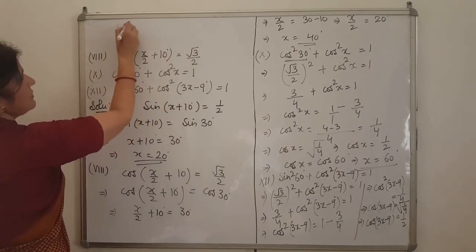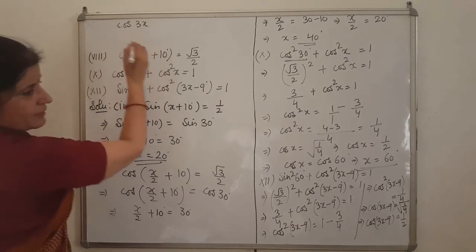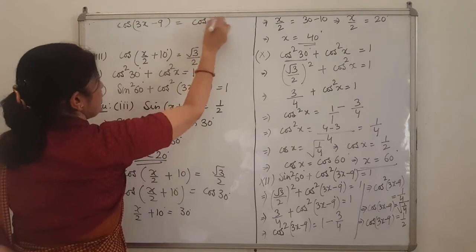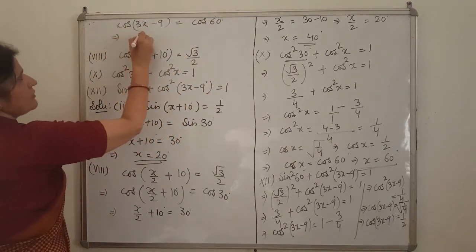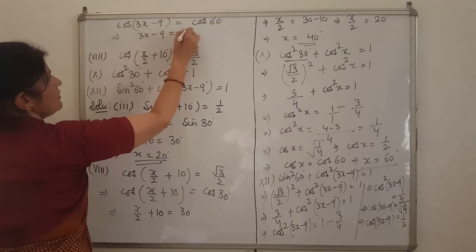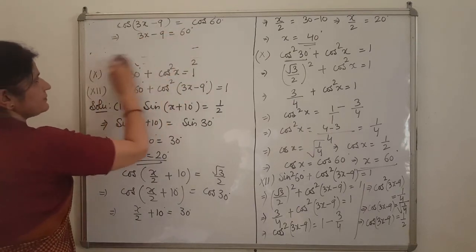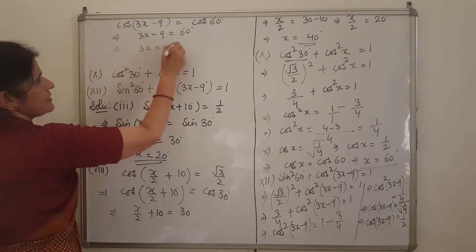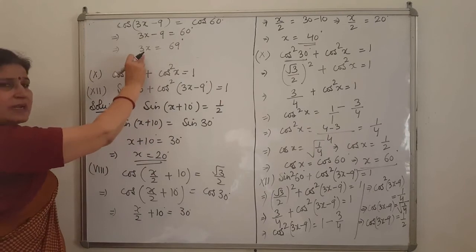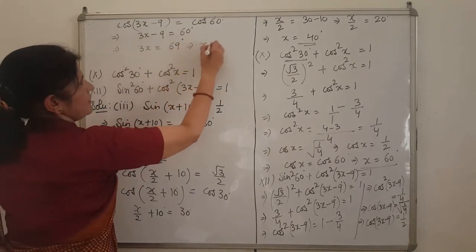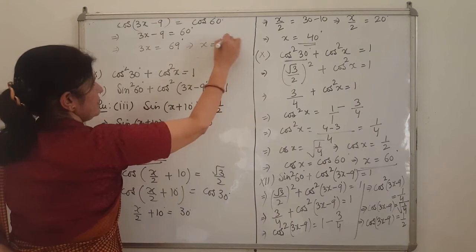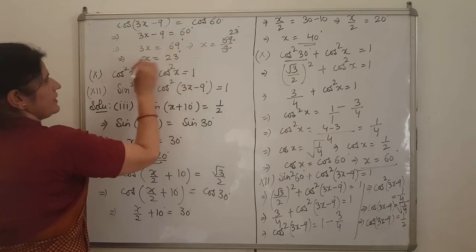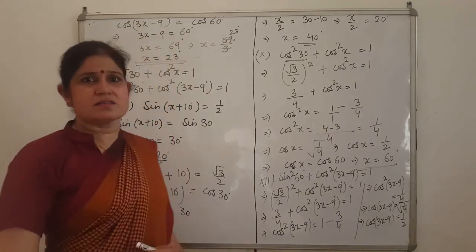So cos(3x minus 9) equals cos 60. When you compare it, what will come? 3x minus 9 is equal to 60 and 3x is equal to 69, and 69 when we divide by 3, 69 over 3. So what is value of x? 23 degree. So this is the answer.